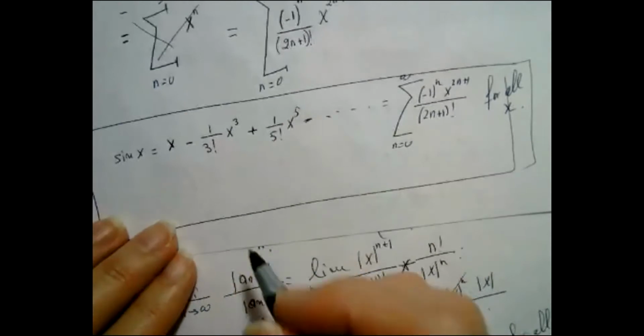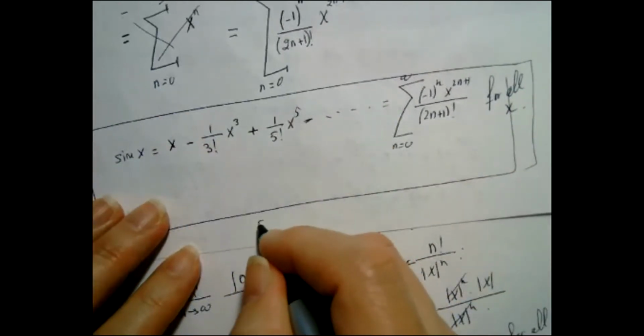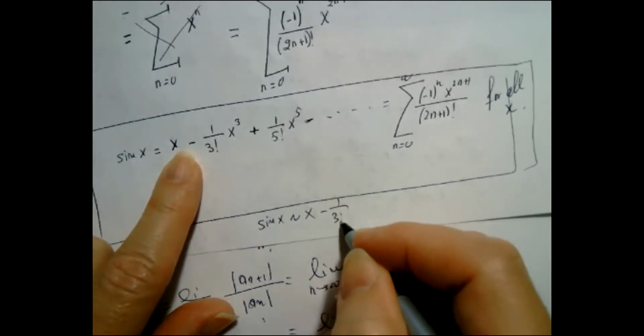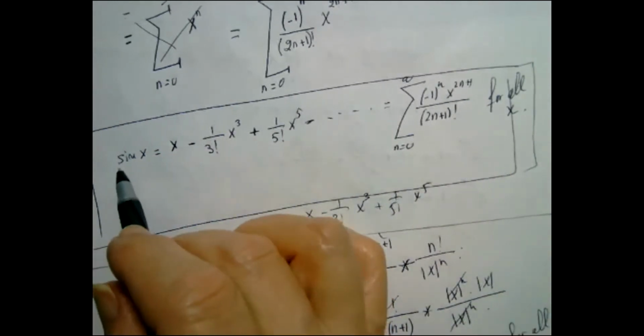As I said once before, people memorize the series, and when they are working with the sine of x, they say, okay, I'm going to approximate it by x. If they need a better approximation, they approximate it with the first two terms. If they need even better, they can approximate it with the first 5 terms. So those power series are really used to work with the function sine of x.